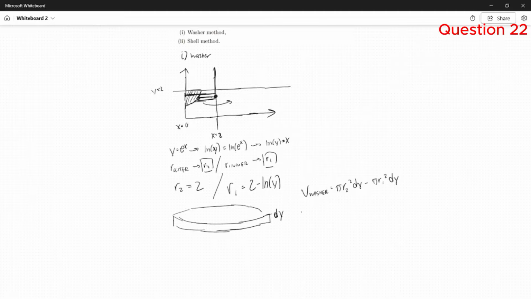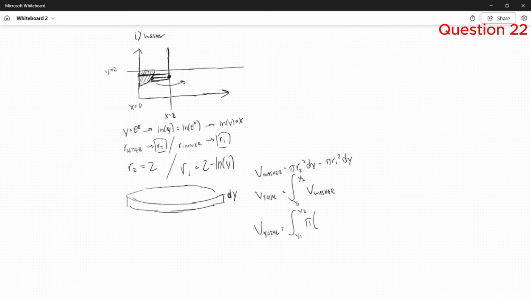The total volume would just be integrating between bounds 1 and 2 of each washer. In this case, V total done by washers would be from y1 to y2 of pi times 2 squared minus, in parentheses, 2 minus ln of y squared dy.